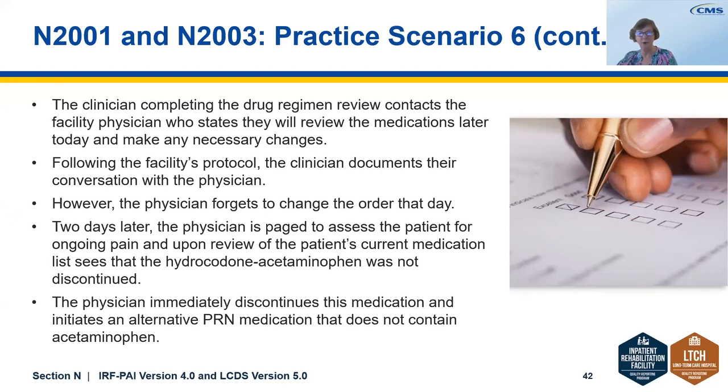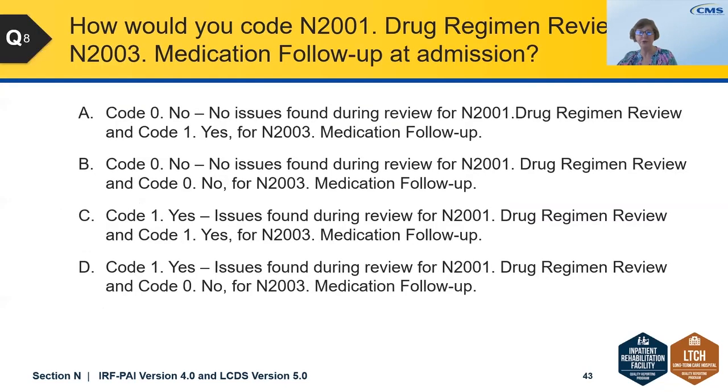So we'll move to our poll. So how would you code N2001 and N2003? Code 0 for no issues found during the drug regimen review, and yes for medication follow-up.